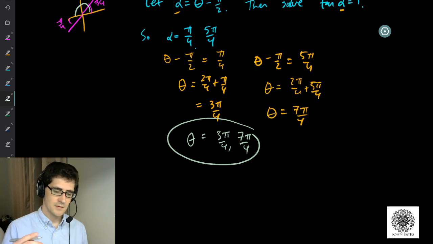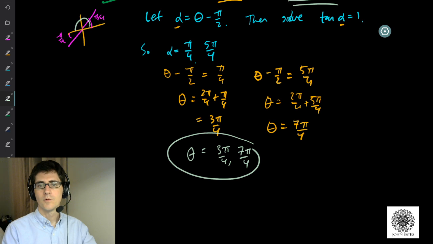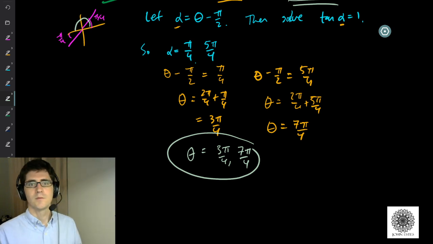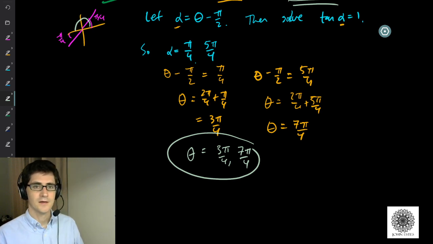Now what we did here is once we got to tangent alpha equals 1, we were just doing examples like we've already done. The only thing we had to do differently was at the beginning changing our input in the tangent function through this variable. We went from theta to alpha to make the equation easier, and then at the end we went back to theta.